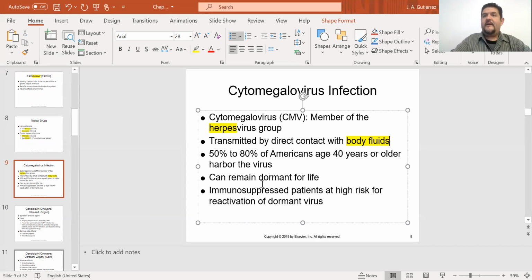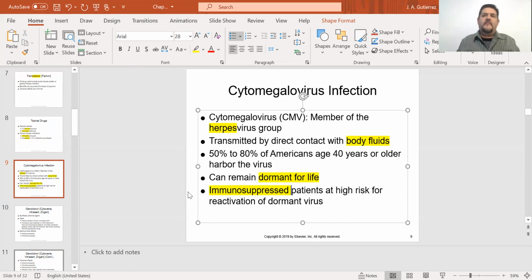And just like the other herpes viruses that belong to this group, once we get it and we treat it, we don't kill the virus. It's gonna remain dormant until when? Until we are immune suppressed, and then it comes out again.